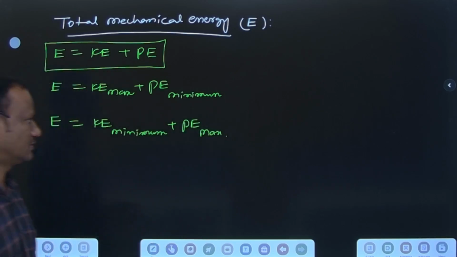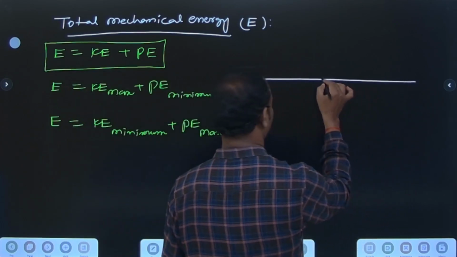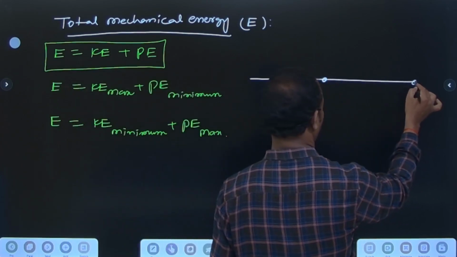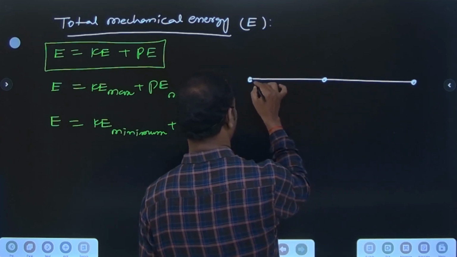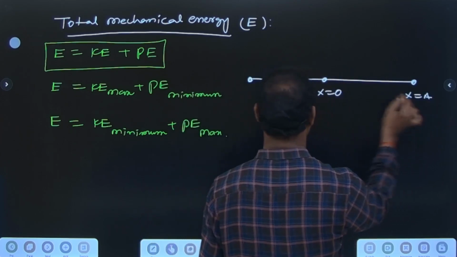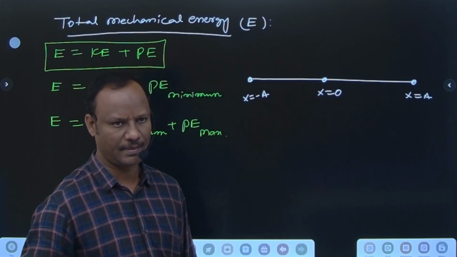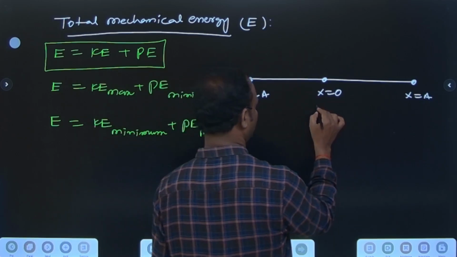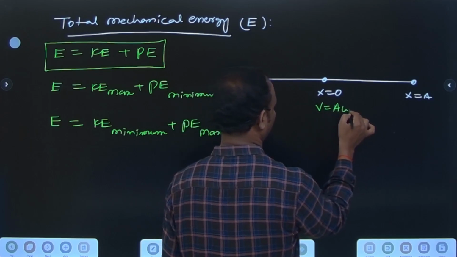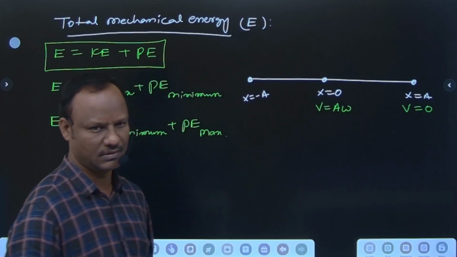Let me check on this. I'm choosing a linear oscillation condition: x is equal to 0, x is equal to a, x is equal to minus a. What is the velocity at the mean position? V is equal to a omega. What is the velocity at the extreme? 0.